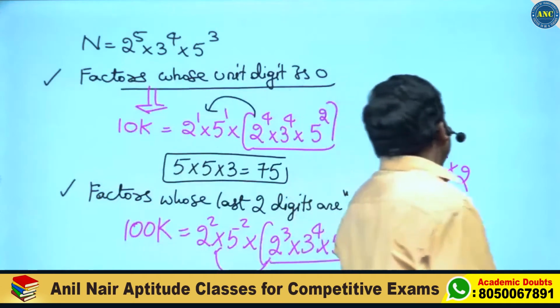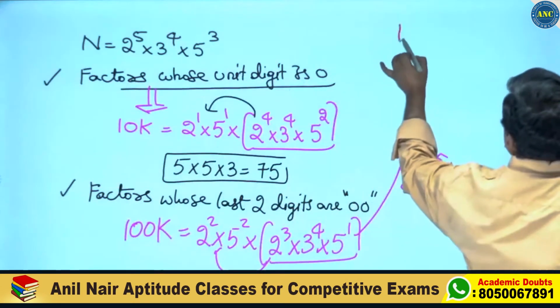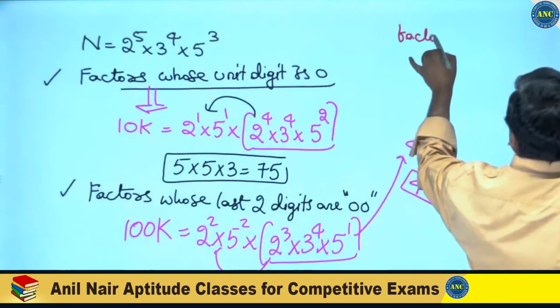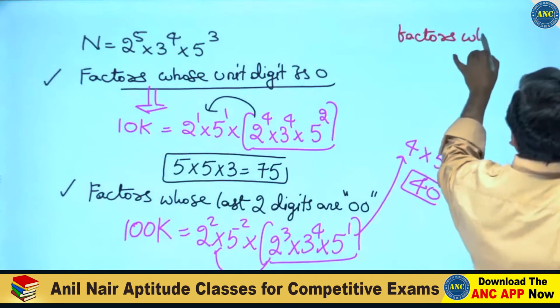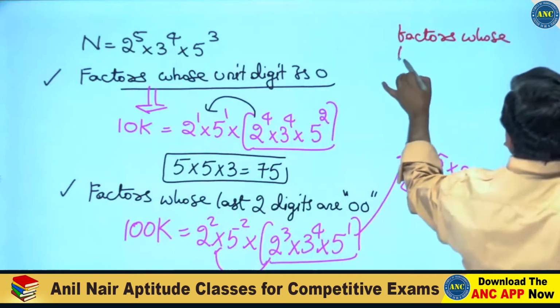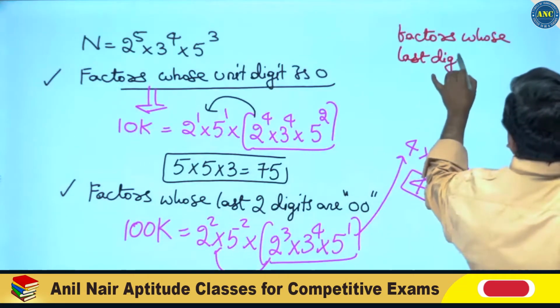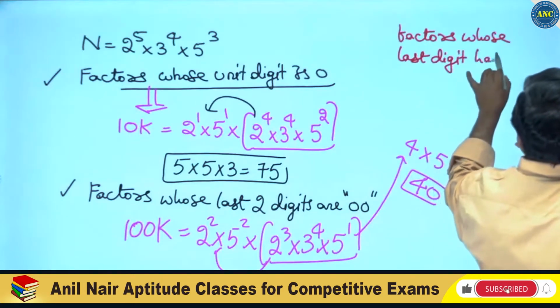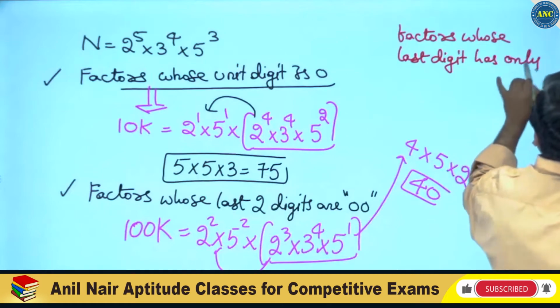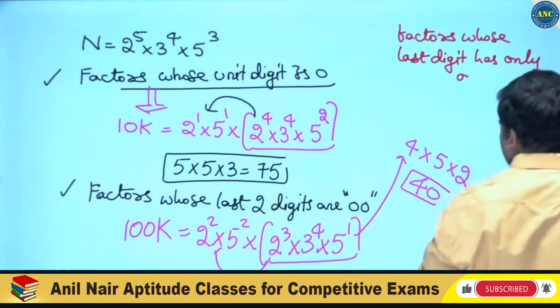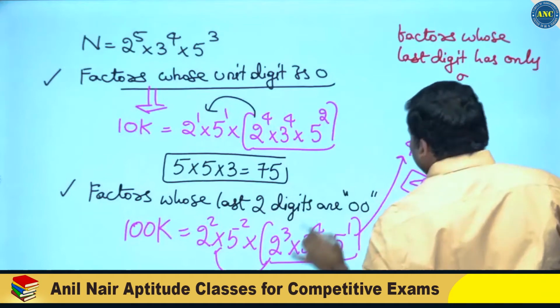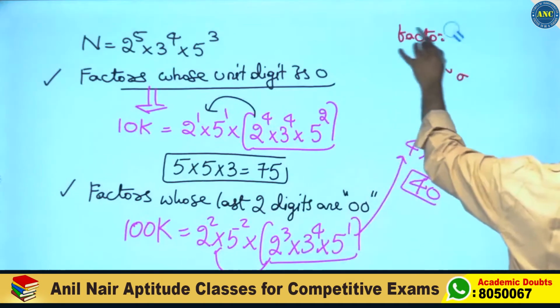Suppose if we ask a question: factors whose last digit has only one zero.